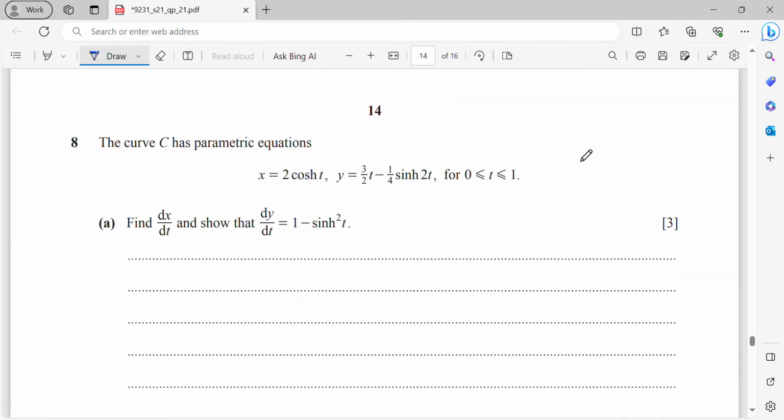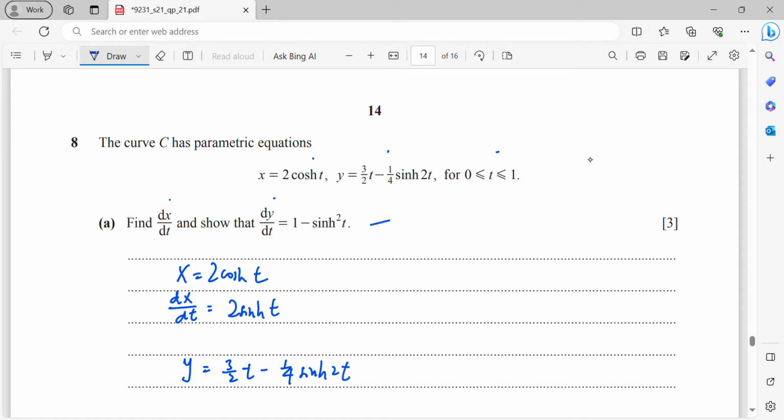Now, next question number 8. Given x is 2 cos t, y is this, where t is defined from 0 to 1, find dx/dt and show dy/dt. So, x is 2 cos t, dx/dt, differentiate cos is negative sine. Alright, so y is 3 over 2 t minus 1 over 4 sine 2t, and then to show this.